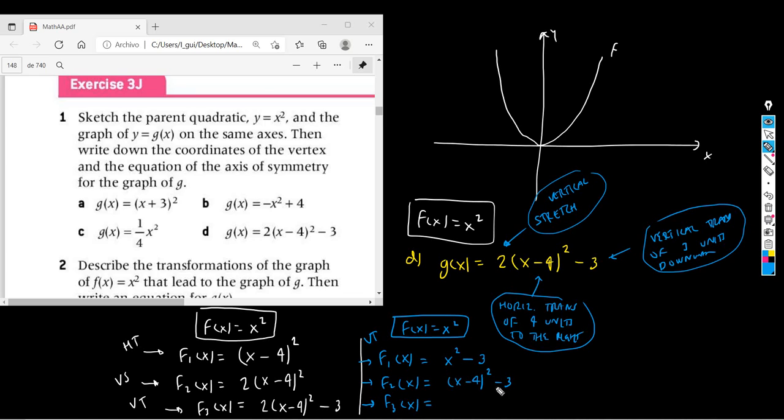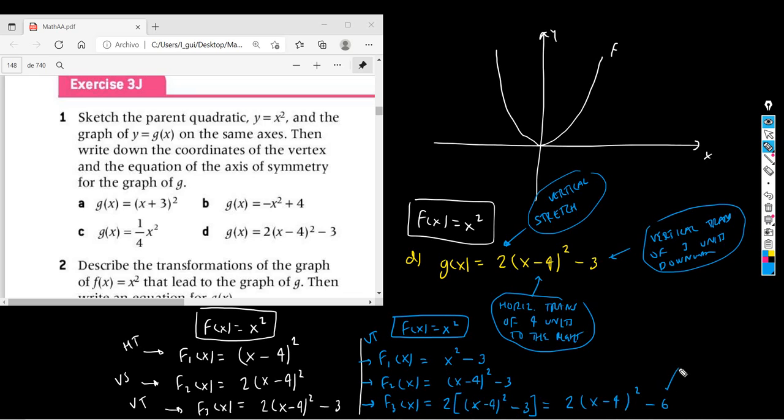So you take all of this function, all of it, and you multiply by 2. And what you get in the end, after you simplify, is 2 times (x minus 4) squared minus 6.